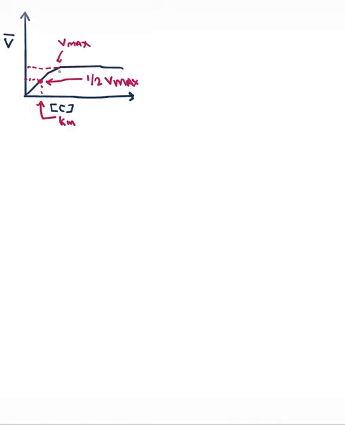Okay, so here I have my Michaelis Menten plot, and just some of the important things. This is the velocity of the reaction as a function of the molar concentration of substrate. And this is a fairly typical plot where as the concentration increases, the velocity increases until I have enzyme saturation, at which point it doesn't matter how high the concentration goes, I won't see an increase in the velocity.